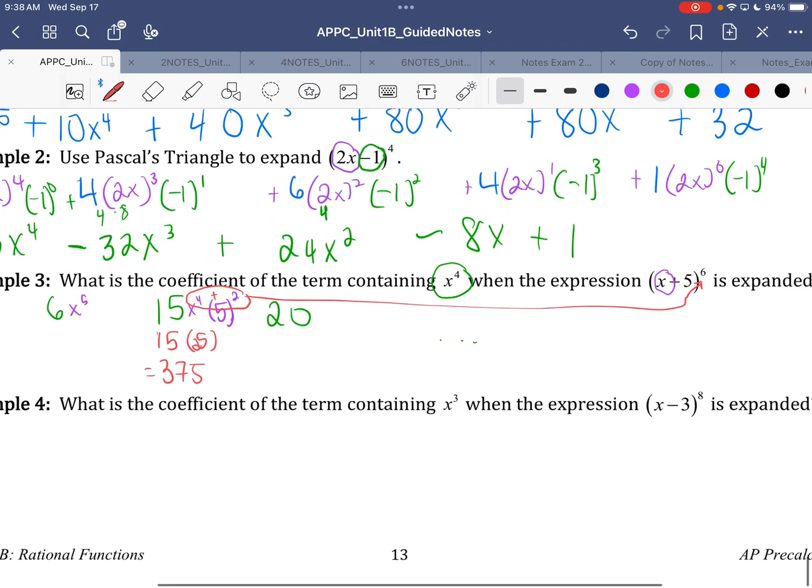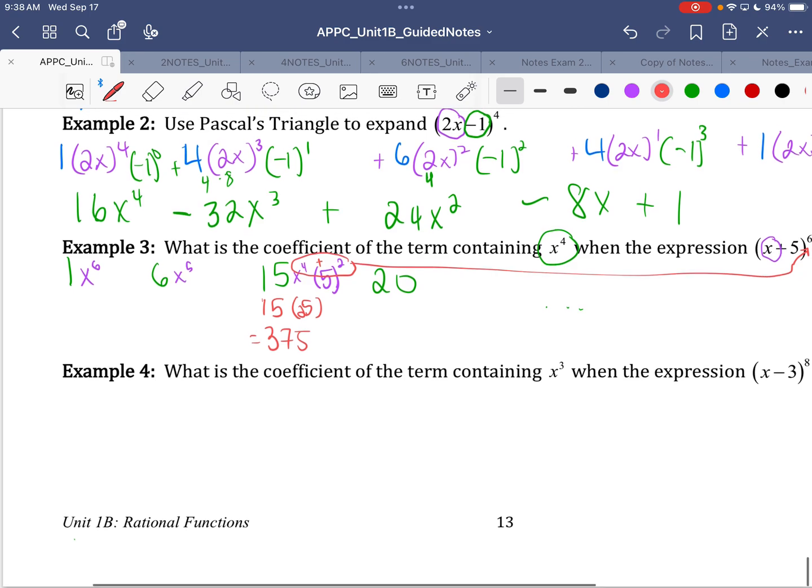Try to do example 4. Cubic term. Well, if it was multiple choice, it would only have the numbers. But for your response, yeah, I'd be like, -1.